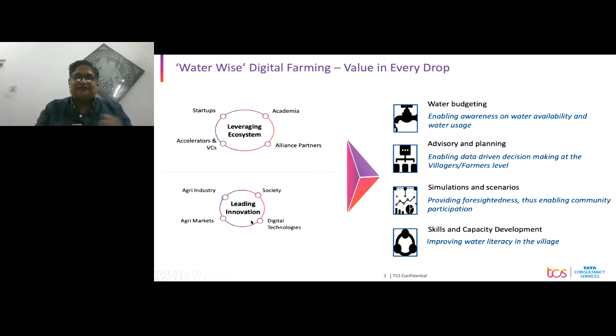So there is always a fight between supply and demand, and there were a lot of initiatives on water budgeting, water accounting systems, and different technologies coming in. But when we took the problem statement, the core issue we found was that technology is there, but it is not effectively being used to deliver value to the end consumer, which is our farmers.